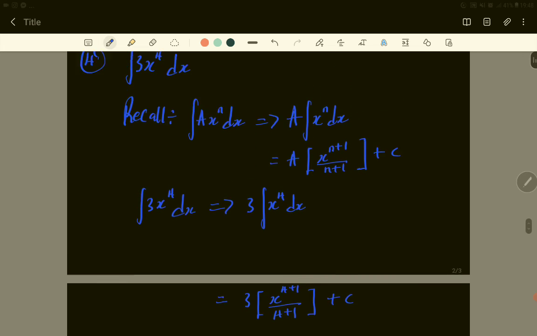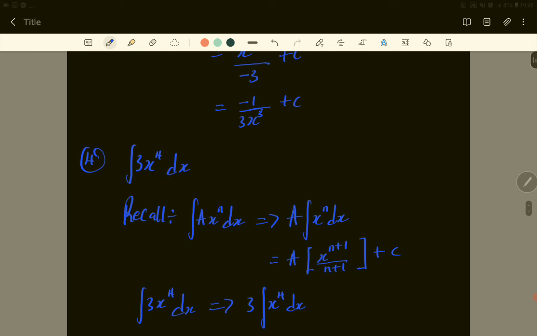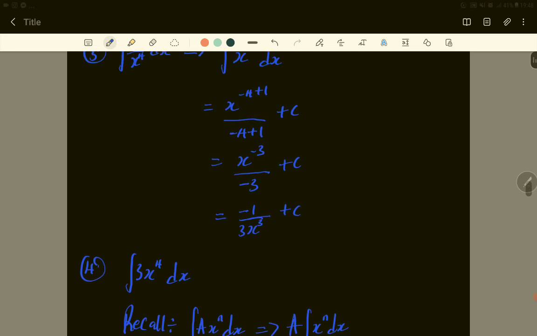So this is our final answer for this integral problem, integral of 3x to the power of 4 dx.